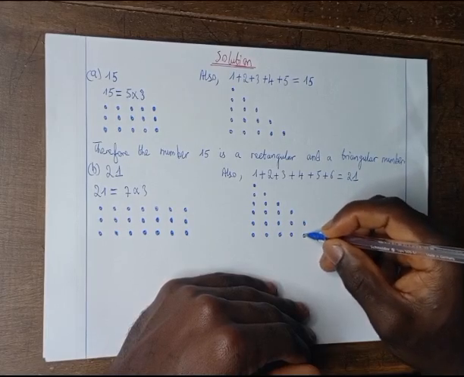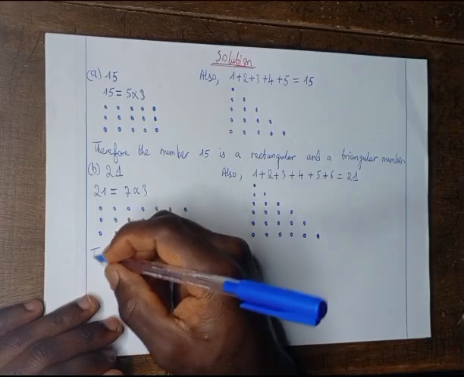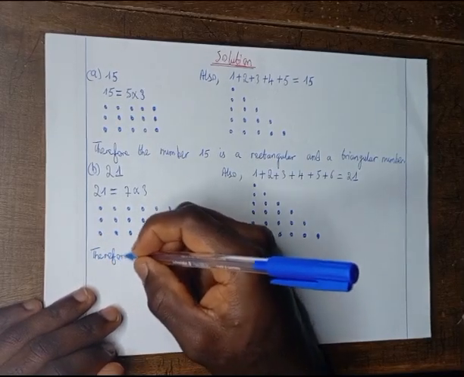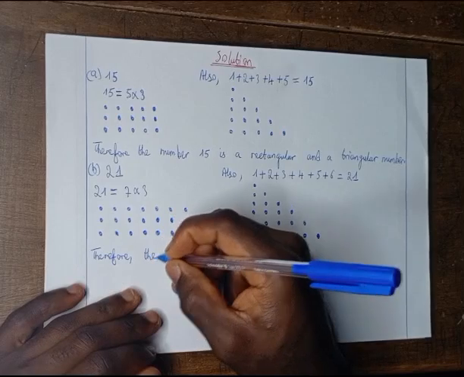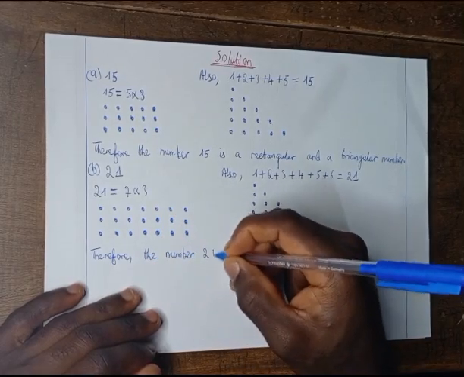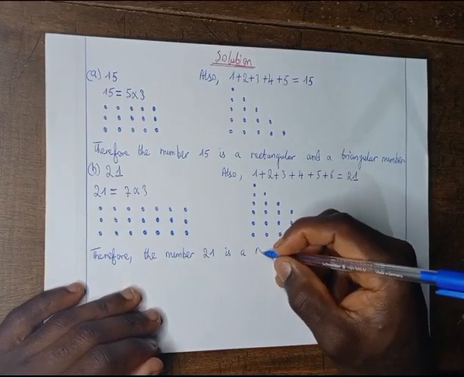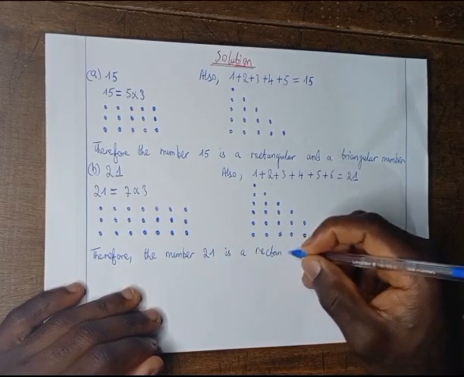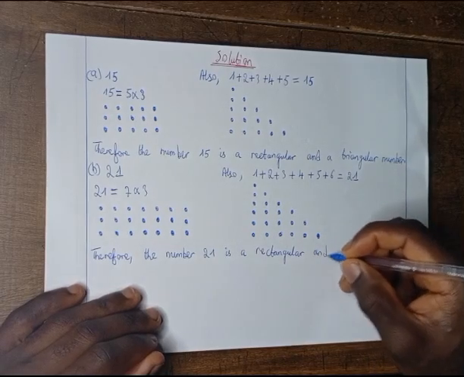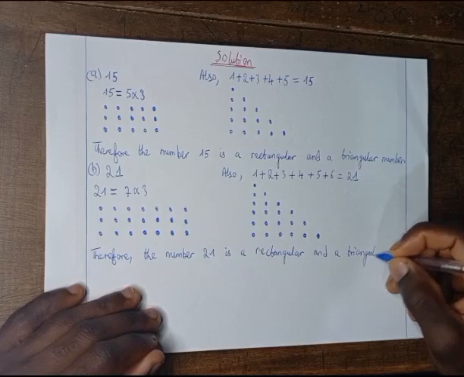From here we can conclude, therefore, the number 21 is a rectangular and a triangular number.